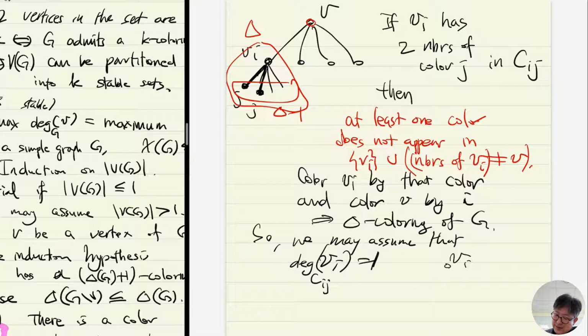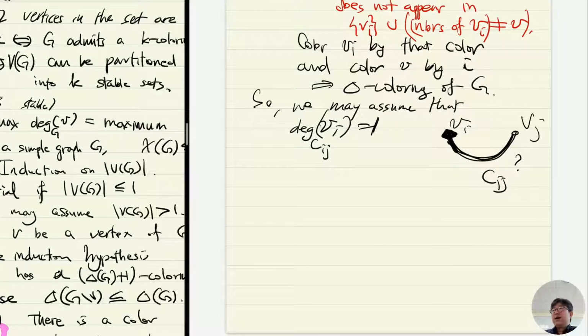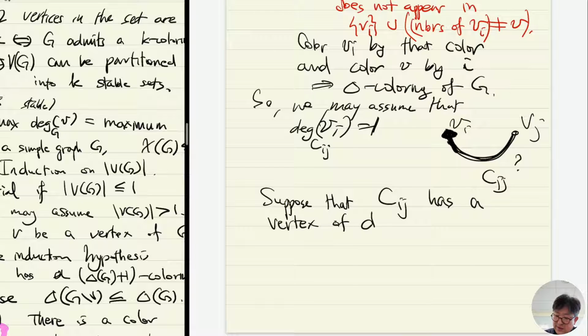So what we are going to prove is that Cij is a path from Vi to Vj. The first step is to show that this vertex has degree 1 in Cij. The second step is to show that all the vertices in the middle have degree 2. So suppose that Cij has a vertex of degree more than 2.